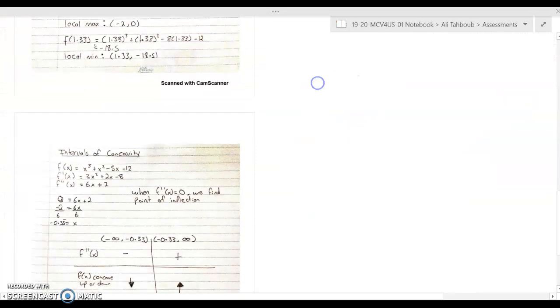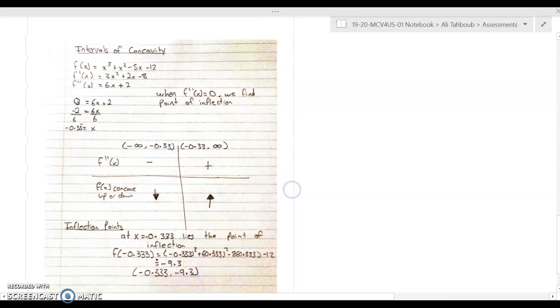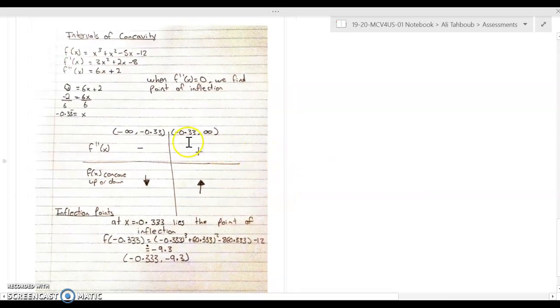And then for intervals of concavity, what I did was I first found the second derivative, and I knew that to find a point on the second derivative's graph, I just knew that when the second derivative equals 0, that is where the point of inflection is.